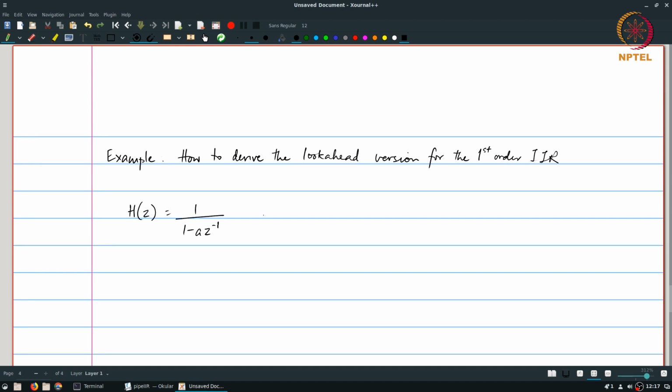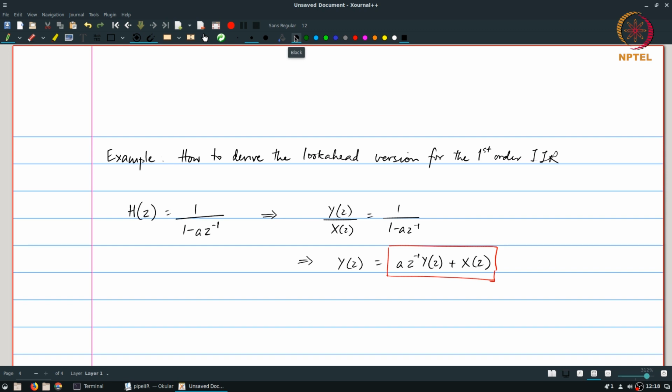What you can see over here essentially corresponds to Y of z over X of z equals 1 over 1 minus a z inverse, which is essentially Y of z is equal to a z inverse Y of z plus X of z. That is exactly the same structure that we had implemented earlier, except that the coefficient b is set equal to 1.